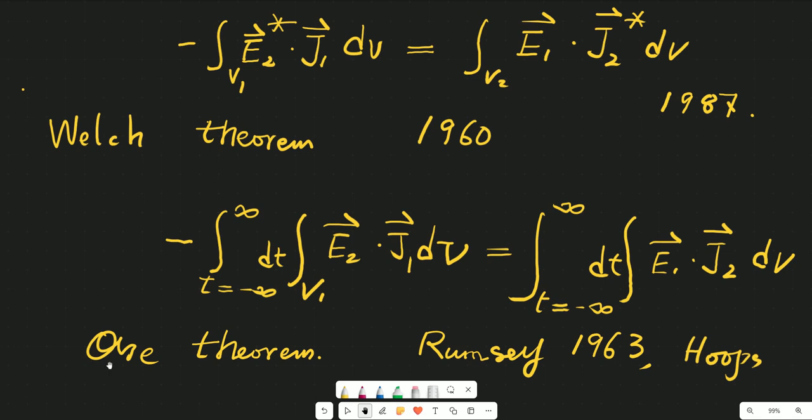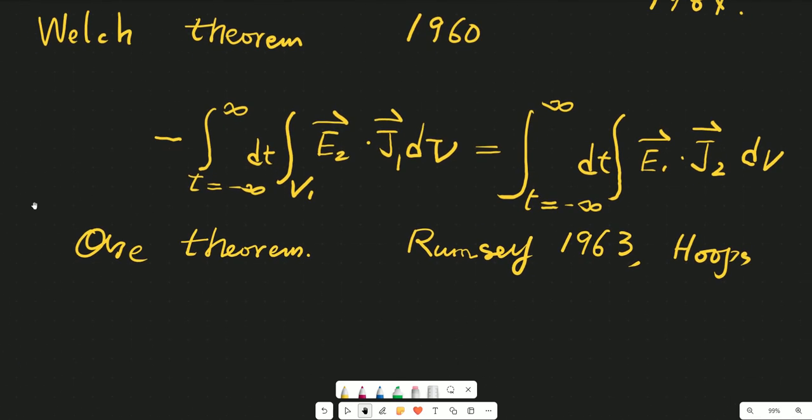It is a very similar theorem. Hoops is also at the end of 1987. Later, many people independently discovered this theorem.